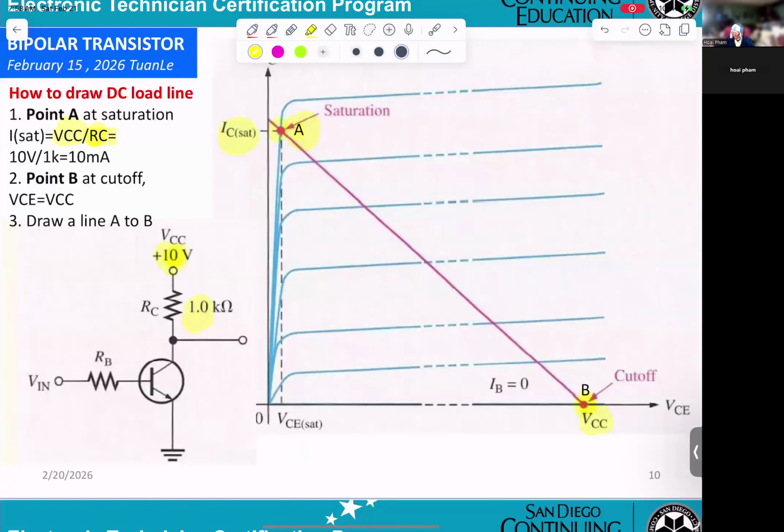That's for the designer. If you want, you can pick the Q point here or here or here. That's fine. It cannot be close to saturation or close to cutoff. They will no longer be amplified if temperature is changing.